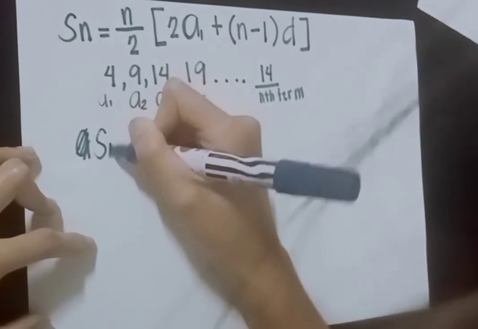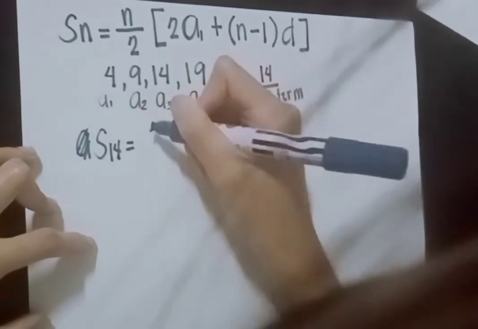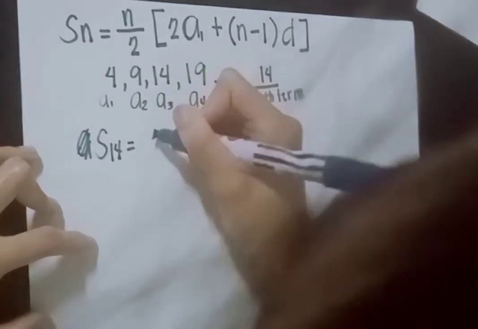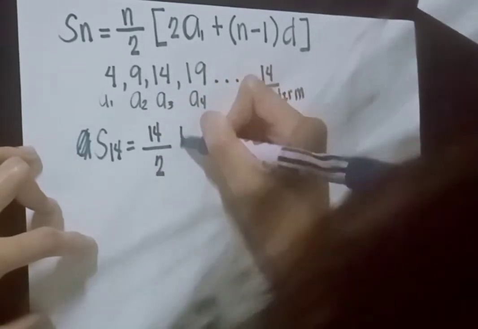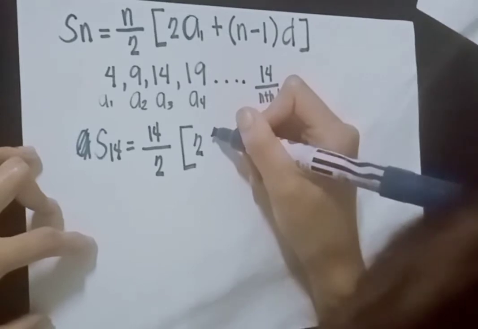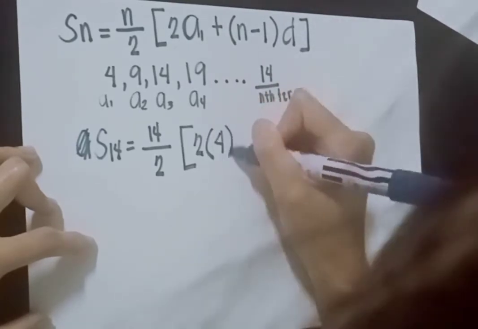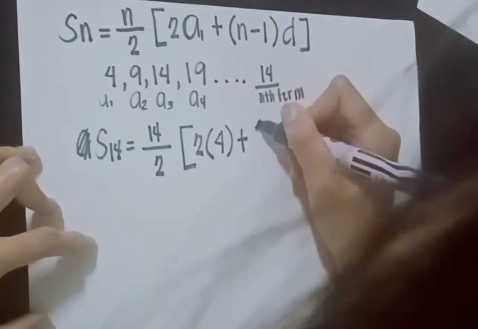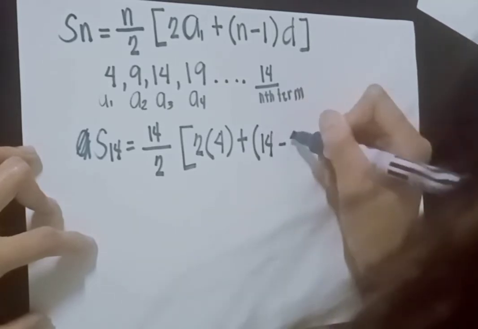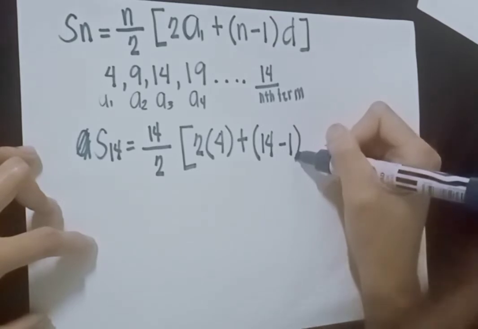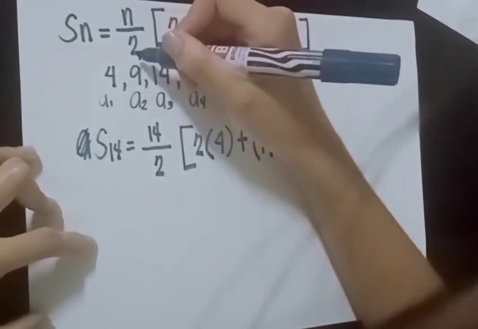It will be S14, because 14 is our nth term, equals 14 divided by 2 times 2 times our a sub 1, which is 4, plus our n, 14, minus 1 times our common difference, that is 5.